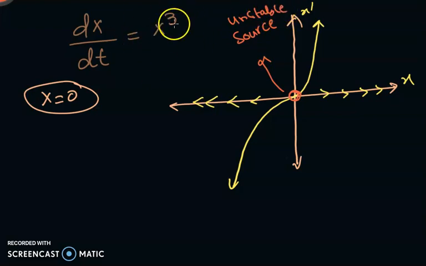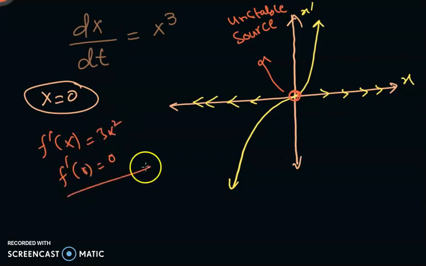You can't conclude this from the derivative test because f prime of x is 3x squared, and if you put in 0, it is 0, so we can't conclude. But from this graphical behavior we see that it is unstable, whereas previously, when there was a minus, it was stable.